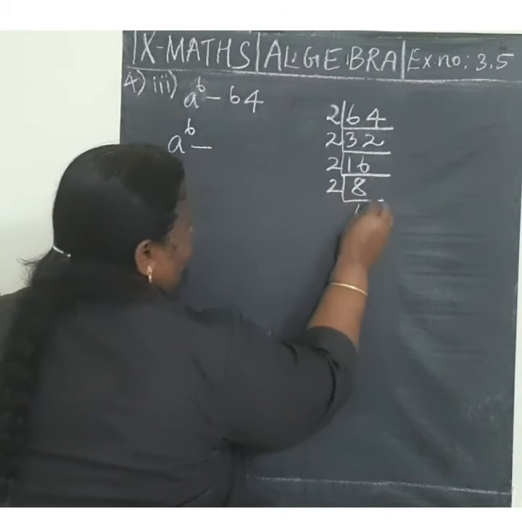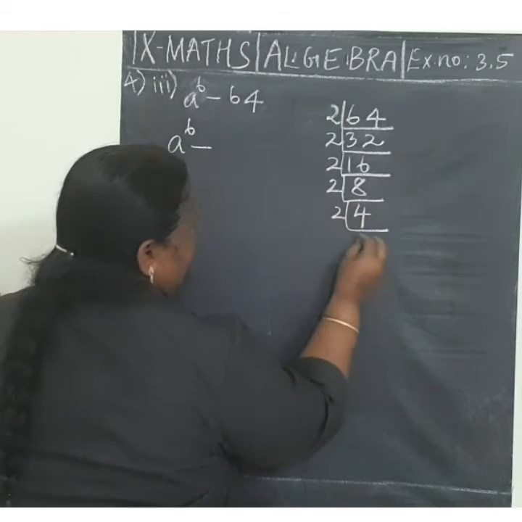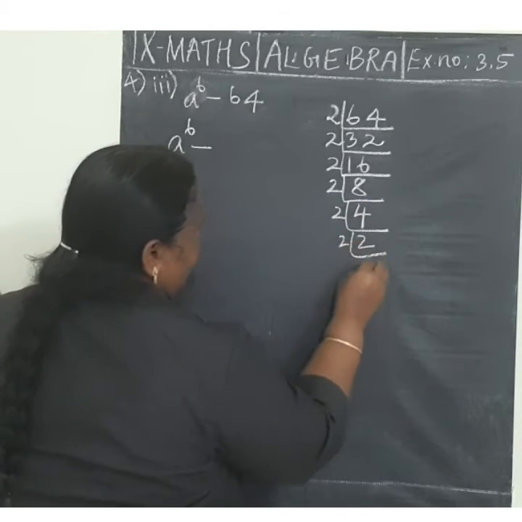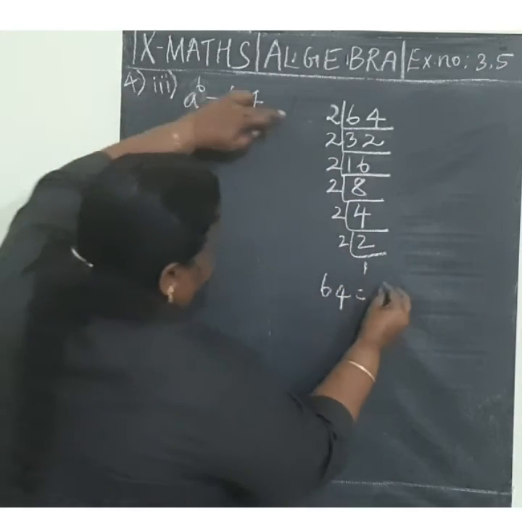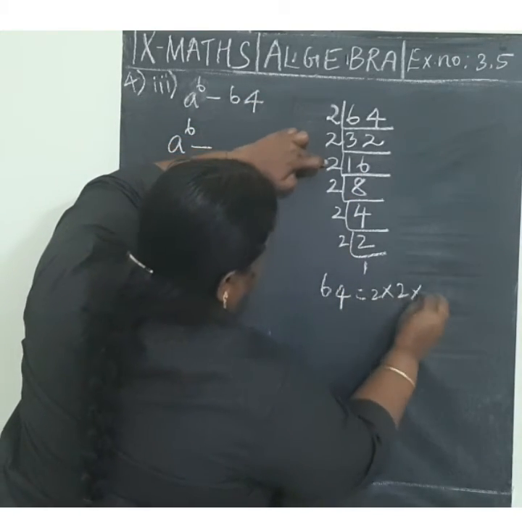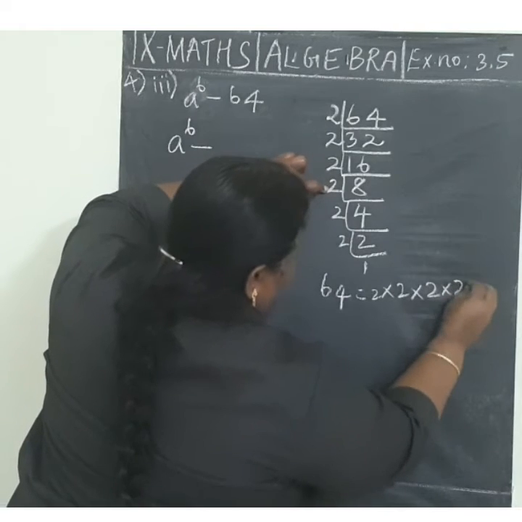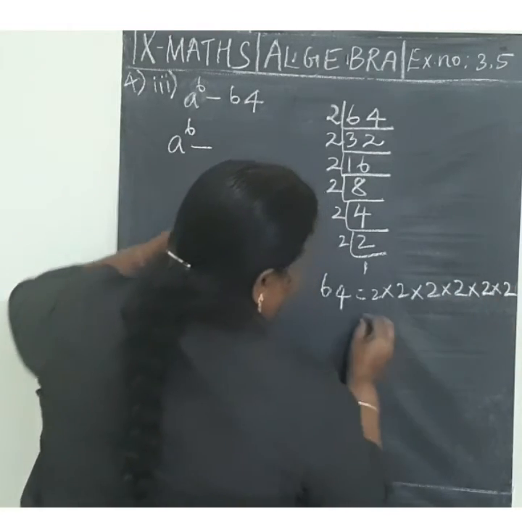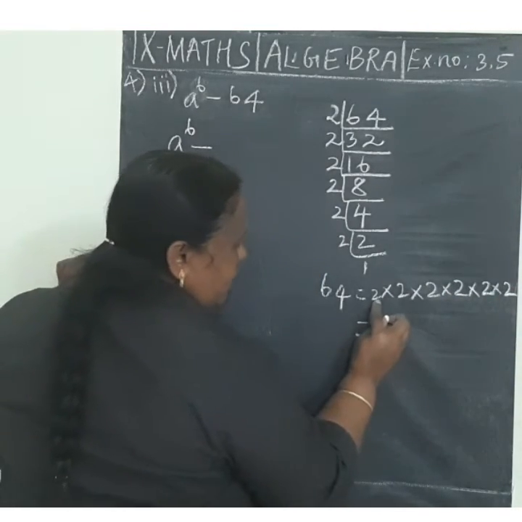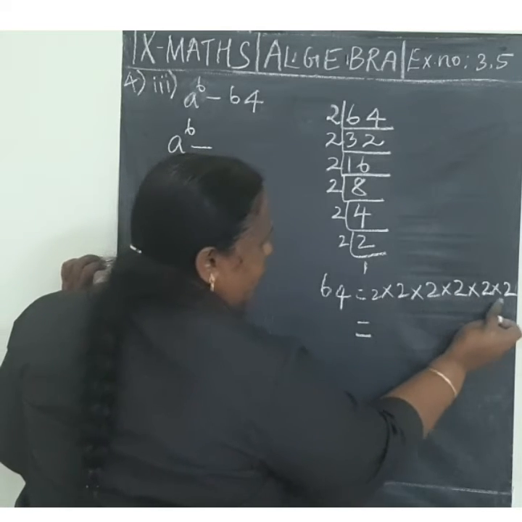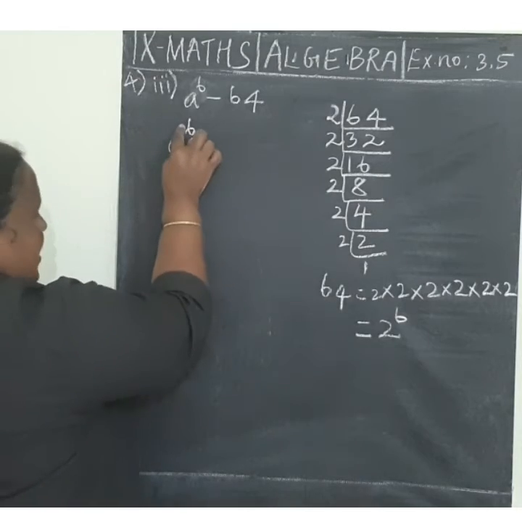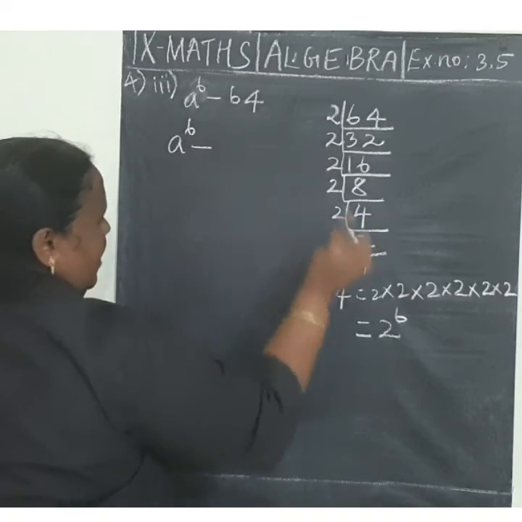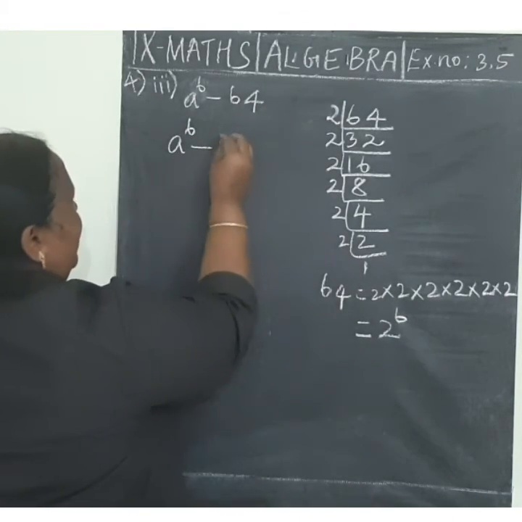Again 2 times, 4 2s are 8. 2 times, 2 2s are 4, 2 times 1. The 64 is equal to 2 into 2 into 2 into 2 into 2 into 2. How many 2s do I have? 1, 2, 3, 4, 5, 6. So 2 power 6 we can write. The 64 we can write as 2 power 6.